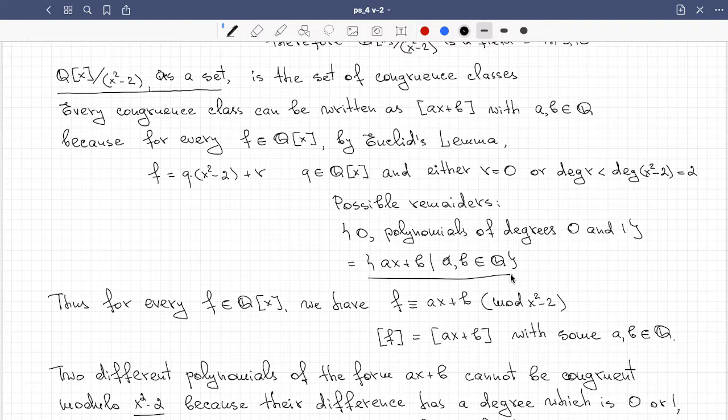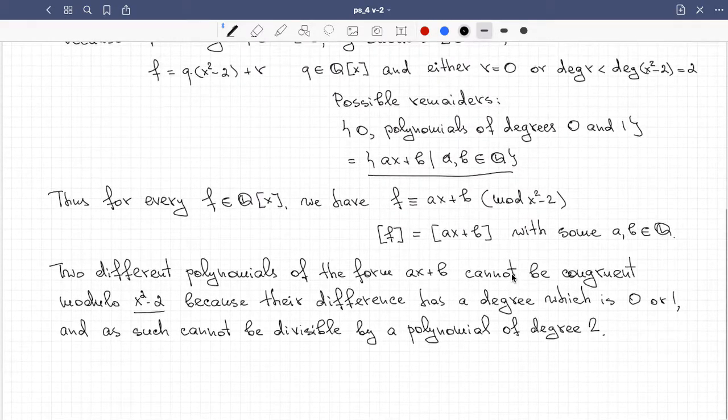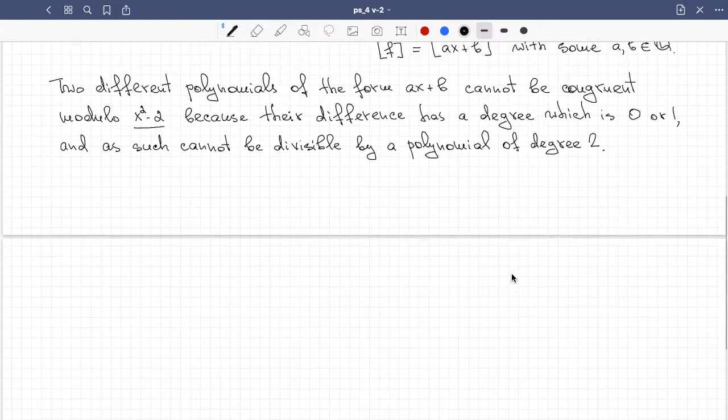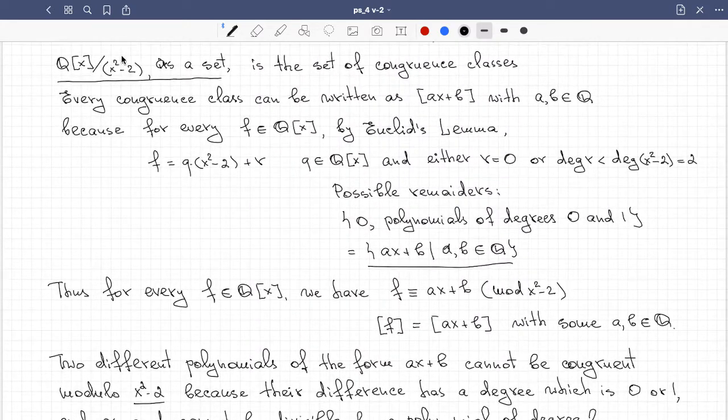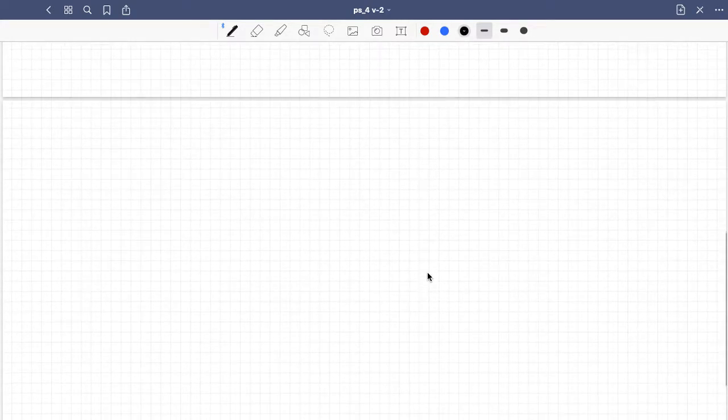Now the book asks us to describe addition and multiplication in this field using the presentation of the field with this set. Let us describe addition and multiplication.